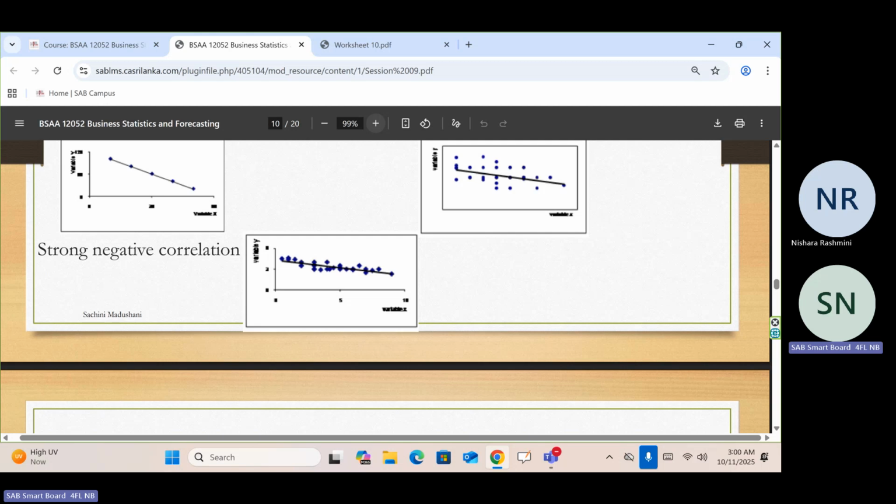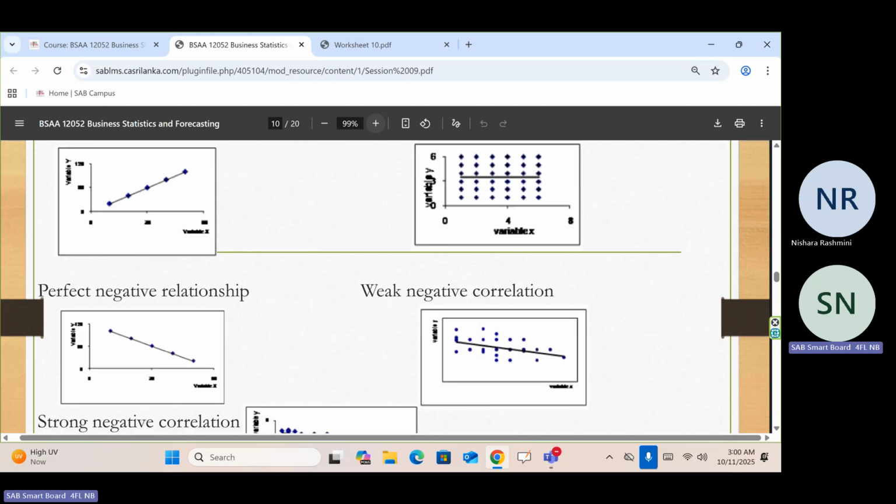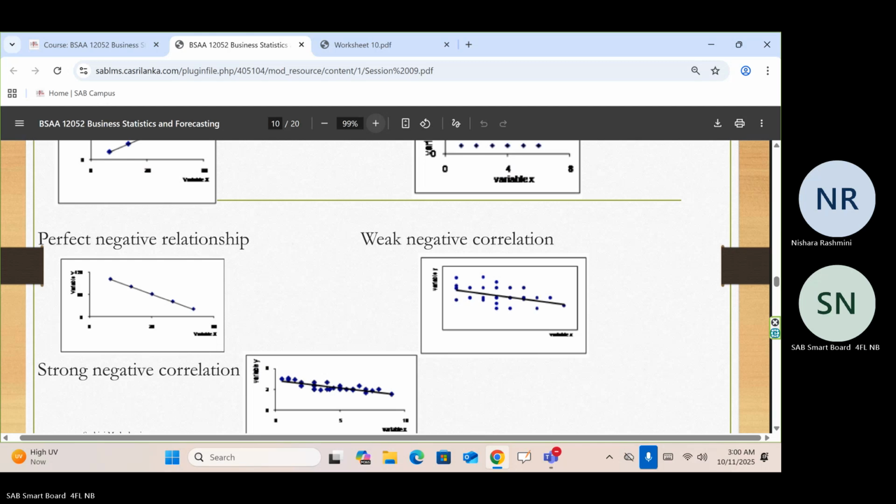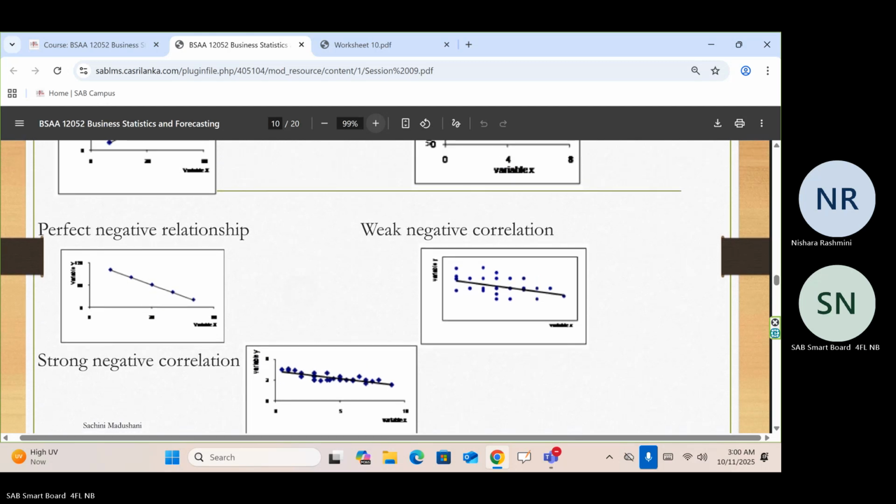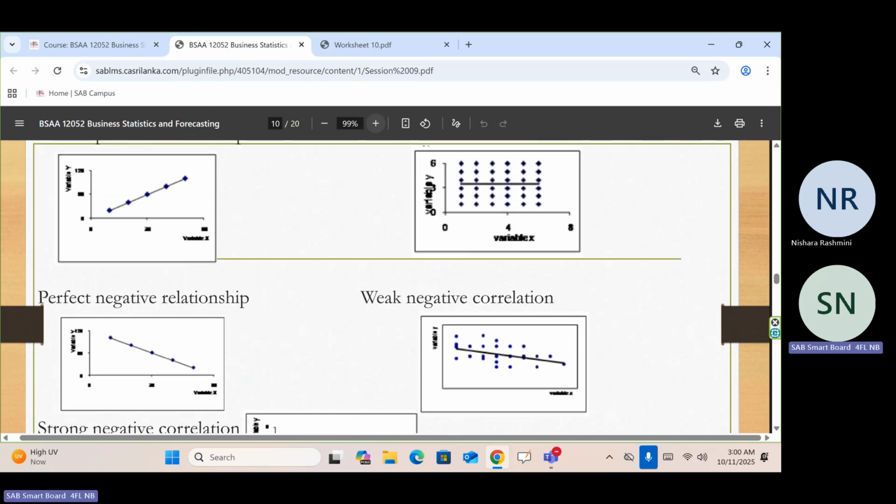Then another one, looking at this diagram. Here you can identify the direction of this relationship, positive or negative. But here, clearly we cannot identify the direction of the relationship, positive one or negative one. It means there is no linear relationship.